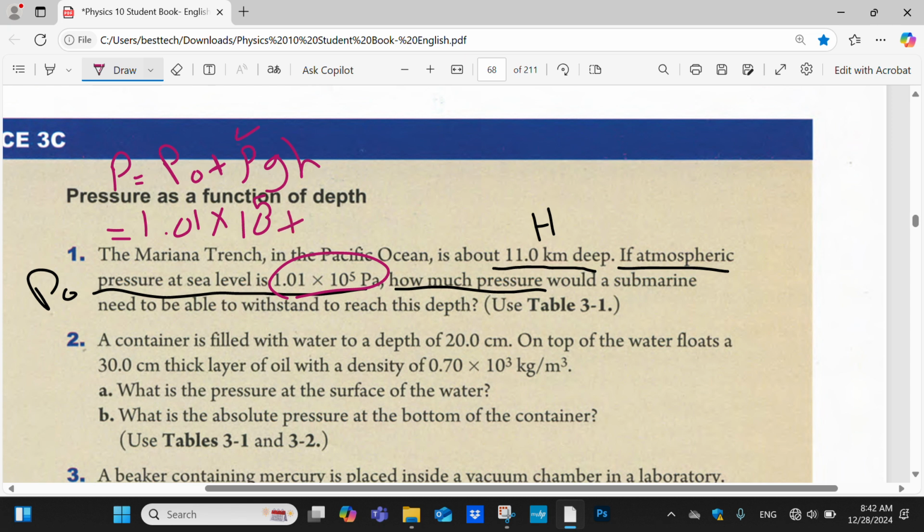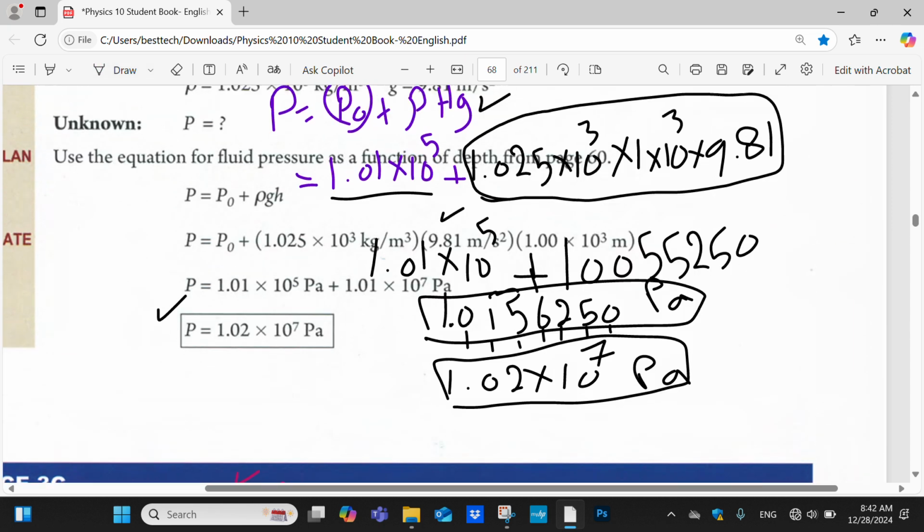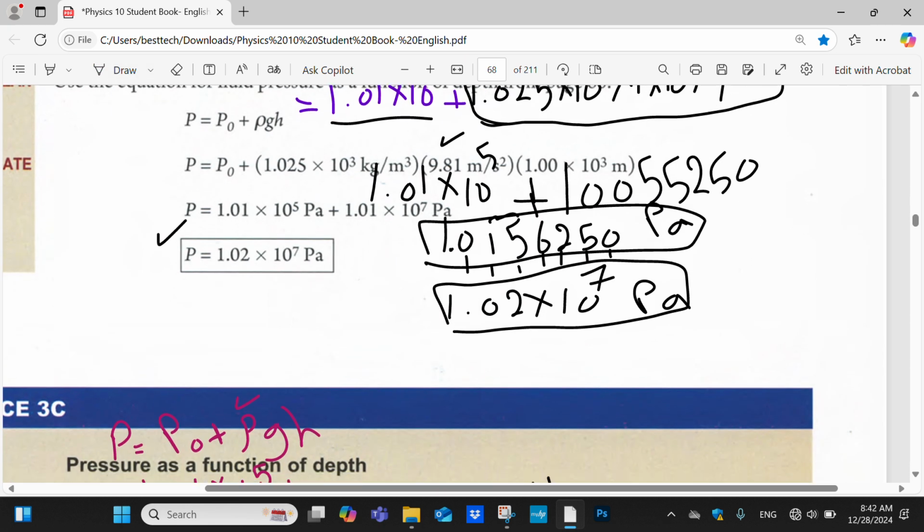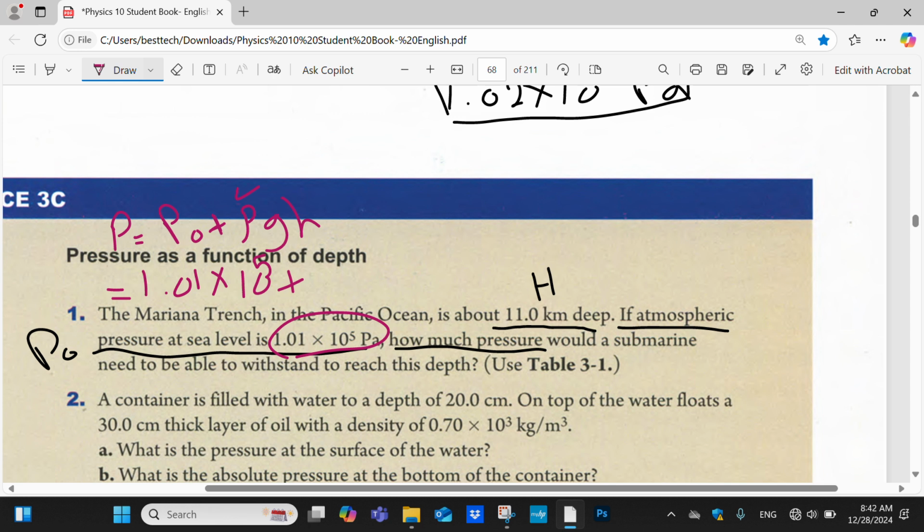Because it's ocean again, the density of the water in the ocean is 1.025 times 10 power 3, times the value of g, 9.81, times H. The H we have is 11 kilometers.